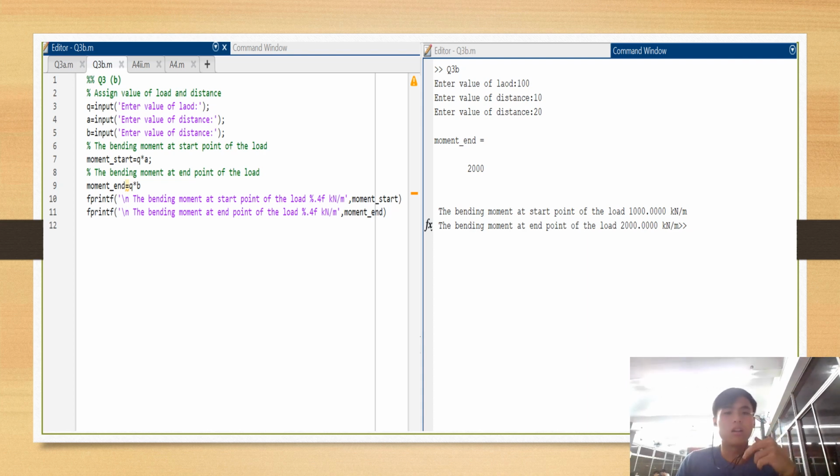Then our moment at the start point is the value of load Q times the distance A. Then we save the script file and run it in the command window. We will get our bending moment at the start point of the load as 1000 kN per meter, and the bending moment at the end point of the load as 2000 kN per meter.